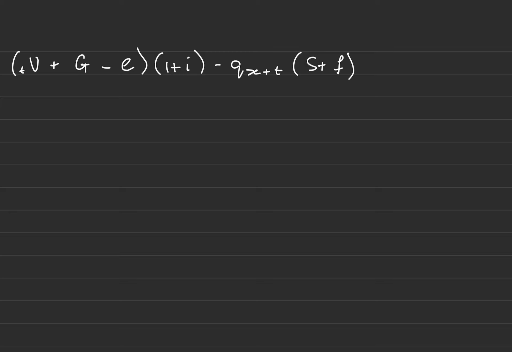So here's the formula. If I need my reserve at time t plus 1, and I have this reserve at time t, this tV over here, then plus G, my gross premium, minus E, my renewal expense, I take that 1 year forward in terms of the time value of money, and then I subtract from that q_{x+t} times (S plus F), S plus F being the sum assured or the benefit plus the terminal expense.